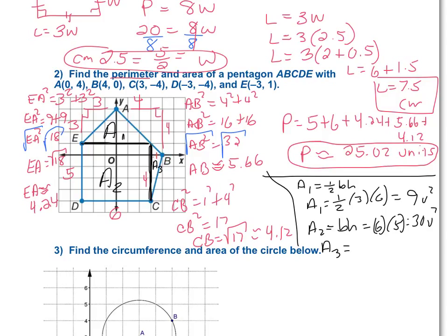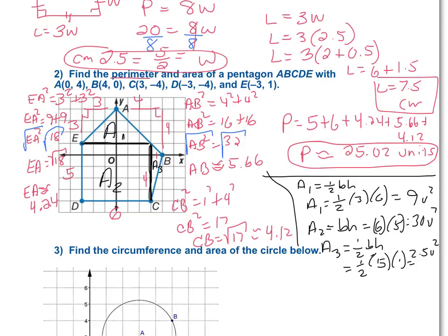So I'm going to call that base, well, first of all, 1/2 base times height. I'm going to call that height 1. Then that would make the base 1, 2, 3, 4, 5. And so we end up with an area 3 of 1/2 of 5, which is 2.5 square units.